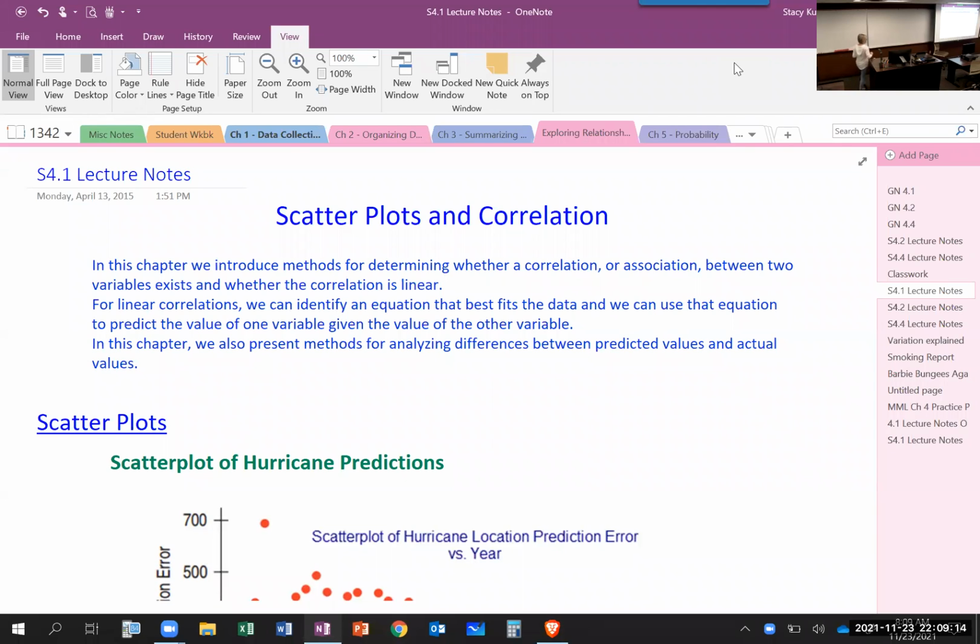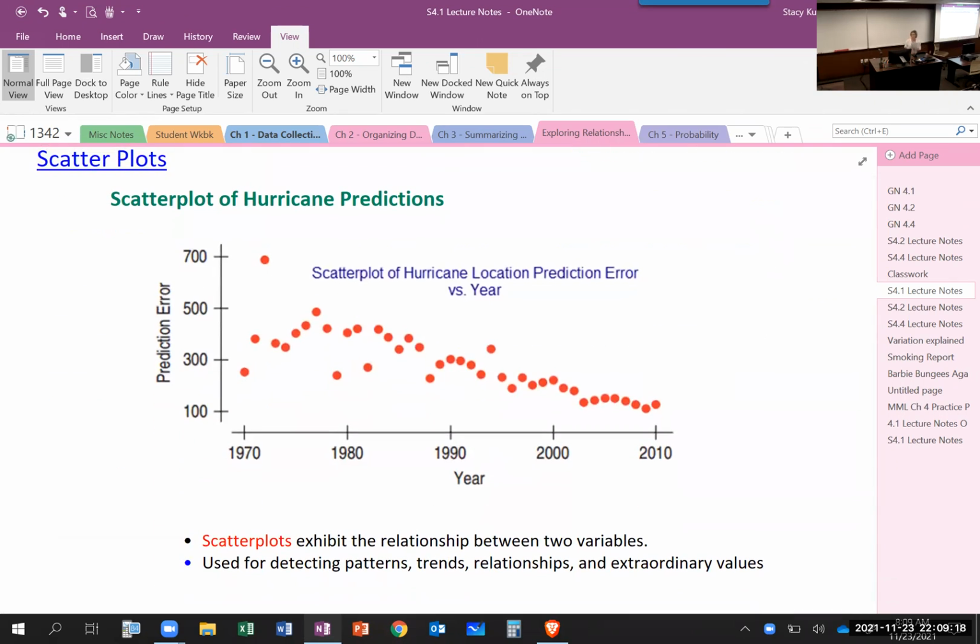Okay. And just like before, when we started out this semester, we talked about graphically displaying a qualitative variable with a bar graph, or graphically displaying a quantitative variable with a histogram. Here, if I have a scatter plot, this is a graphical display for the relationship between two variables.